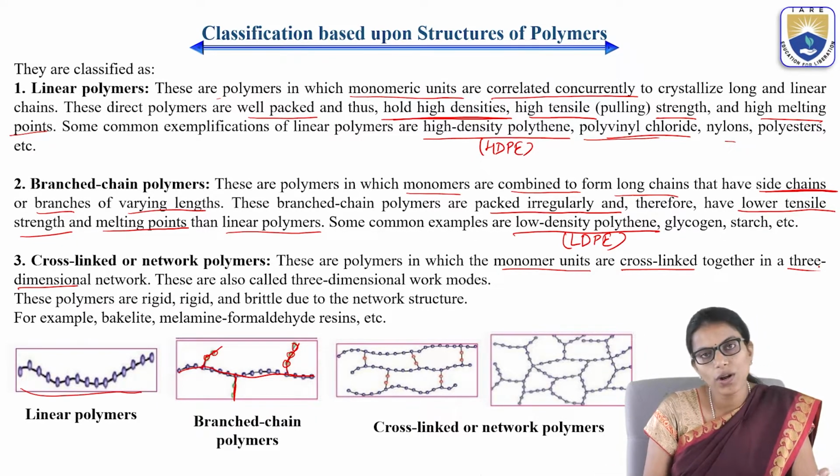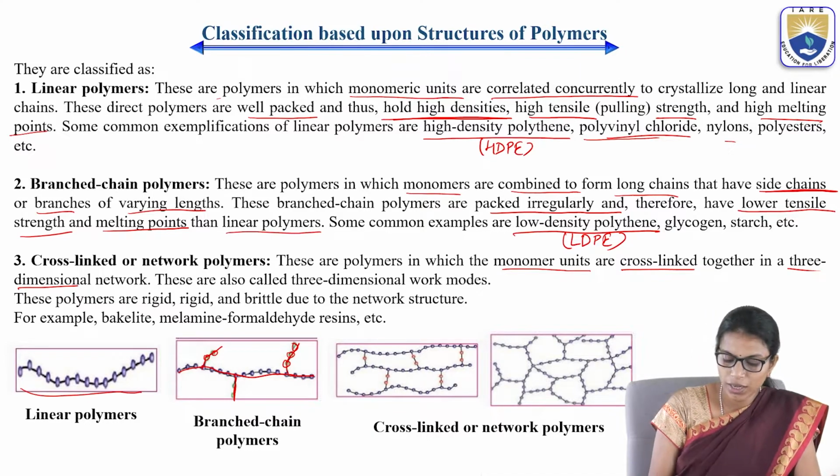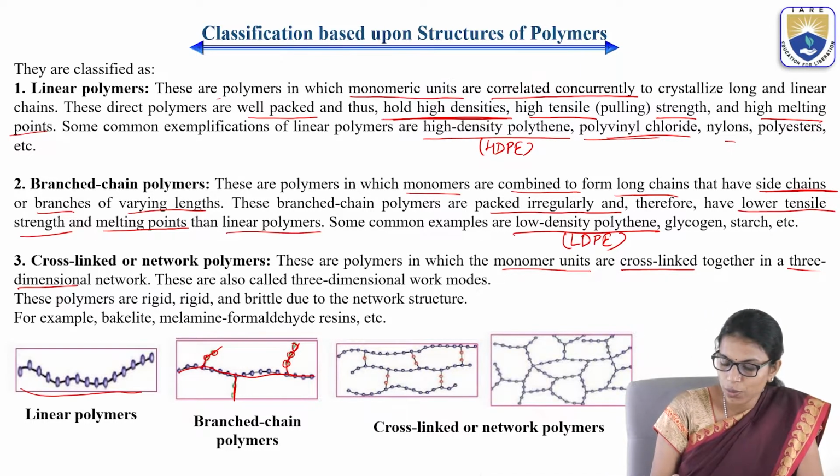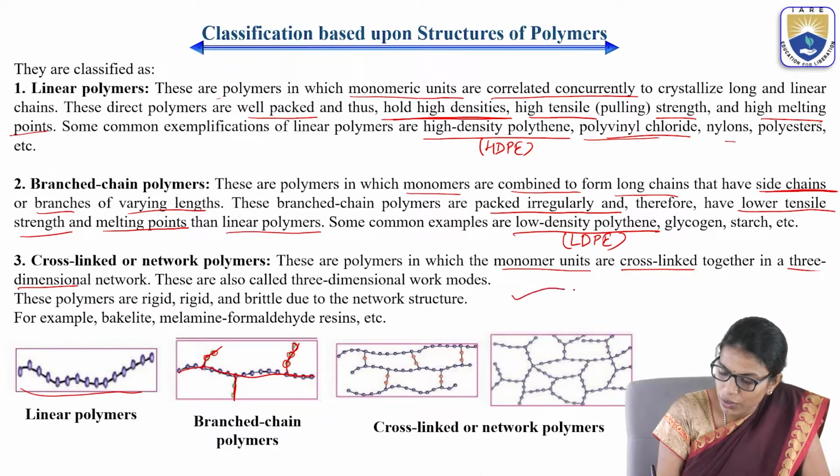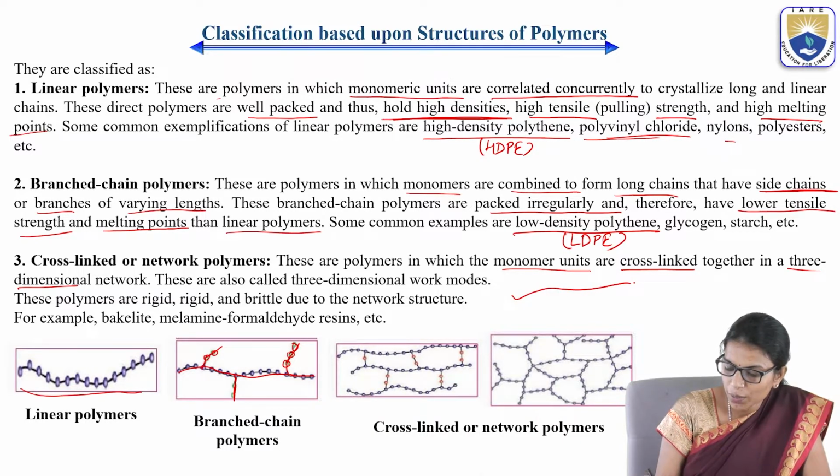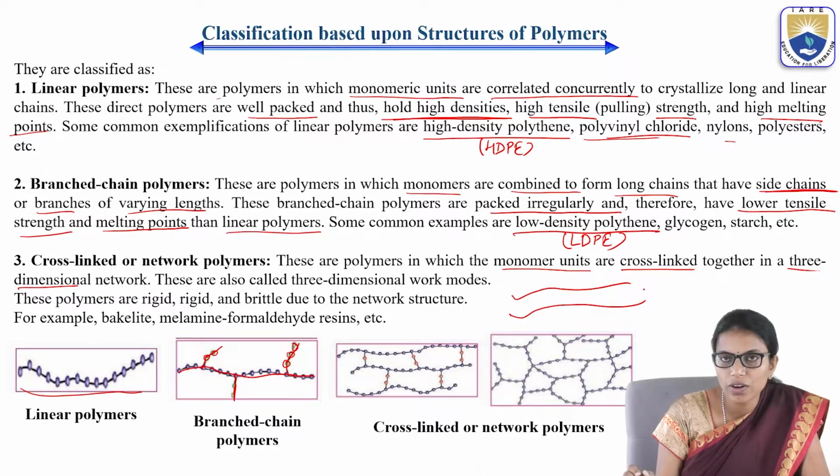These are also called three-dimensional networks. Here, suppose I explain the cross-linked: if I say this is the linear polymer, and this is the second chain of a linear polymer, they join together.